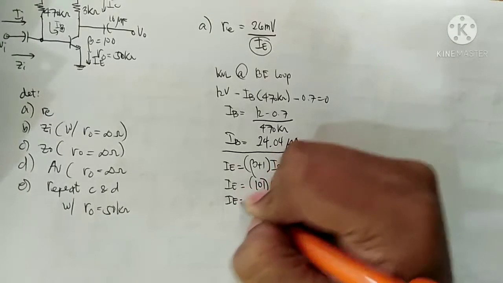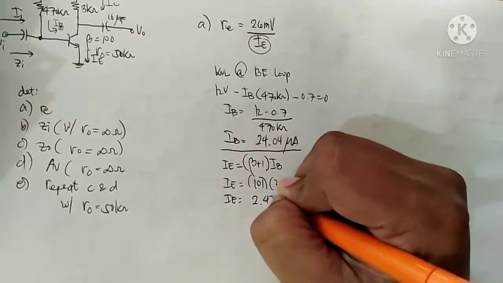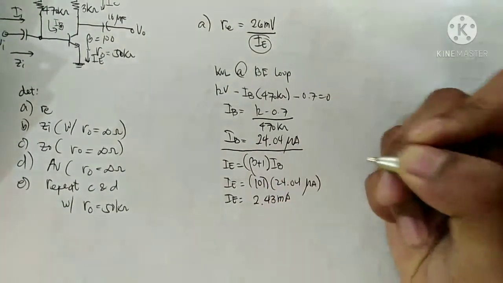So IE is equal to 101 times 24.04 microamperes, so IE is about 2.43 milliamperes.